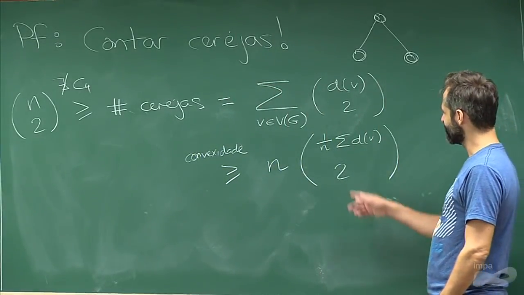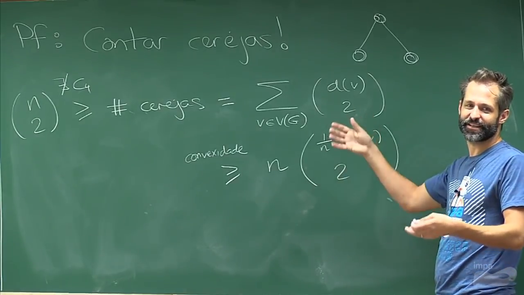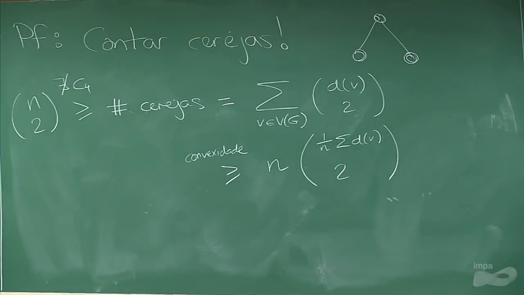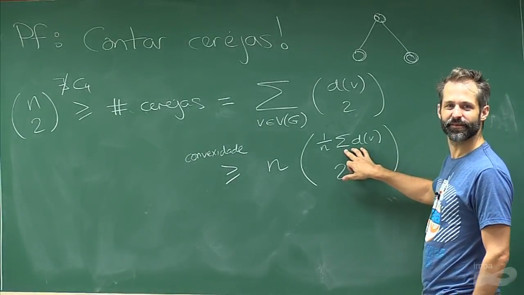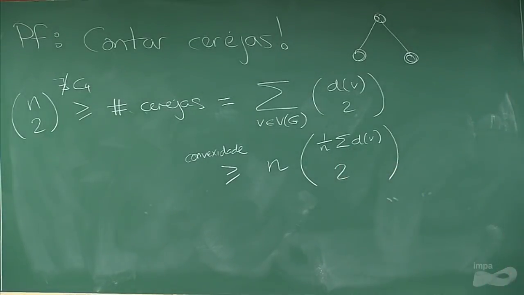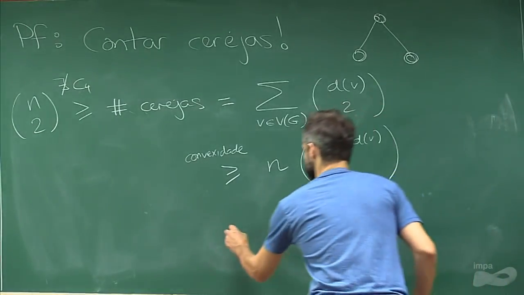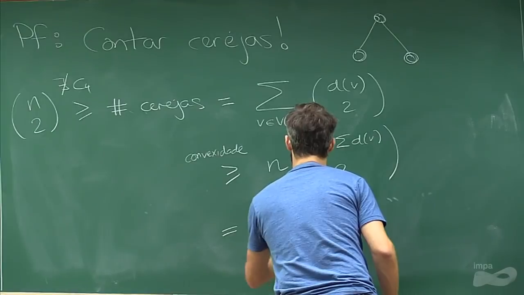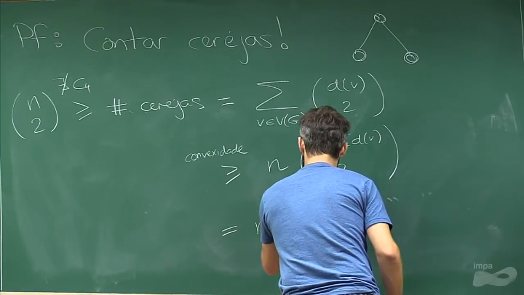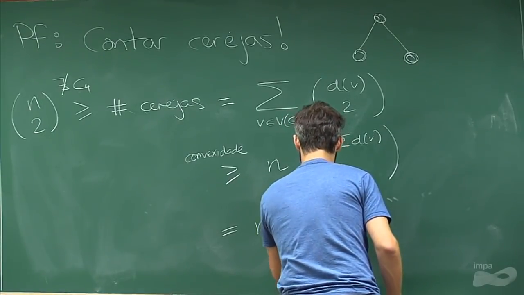It might not be an integer, but you can define this anyway. And what's the sum of the degrees in a graph? 2 times the number of edges, since you count each edge twice, once from each endpoint. So this equals n times twice the number of edges over n, choose 2.